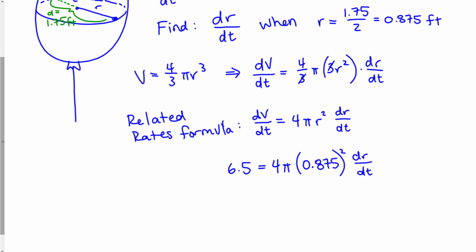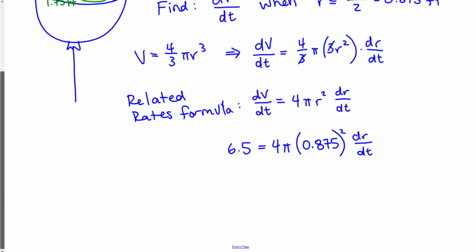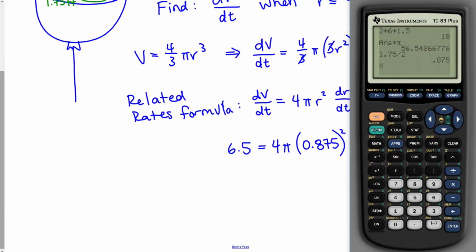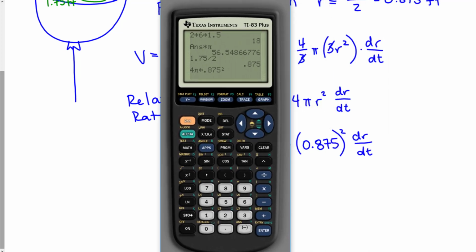I think I'm just going to go right into an approximation here. There's plenty of decimals floating around. So let's see. 4 pi times 0.875 squared. That's everything on this one side of the equation.